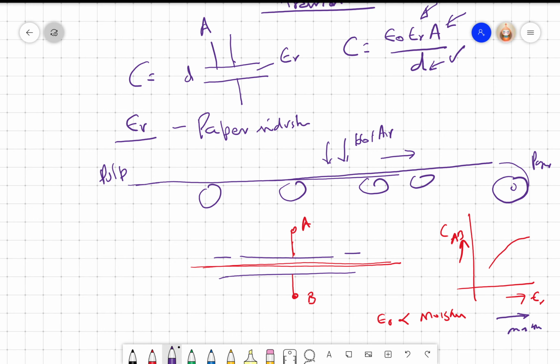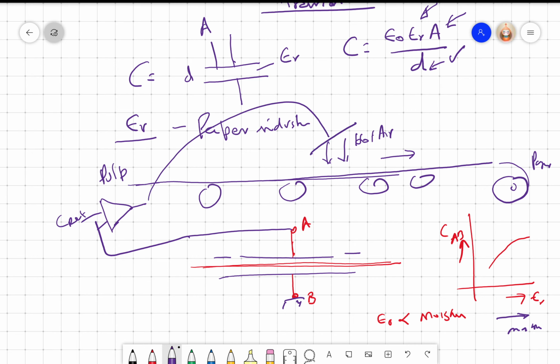So what you do is you take the capacitance value, you ground this, take the capacitor value, and compare it with a reference value. The reference value of the capacitance is the capacitance that you would get if the paper is completely free of moisture. And then control the airflow or control the speed.